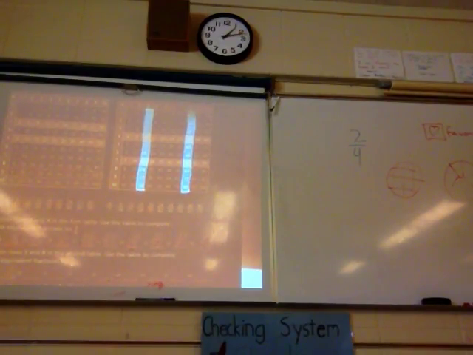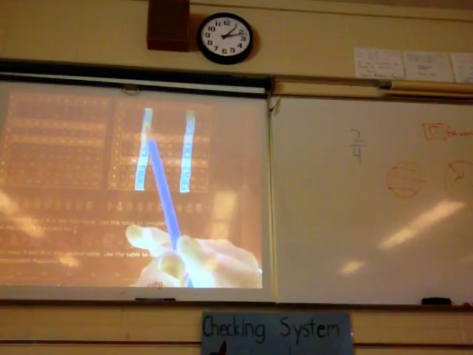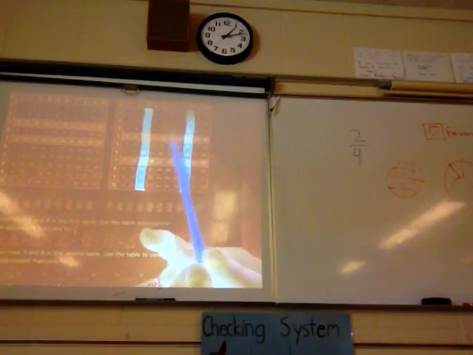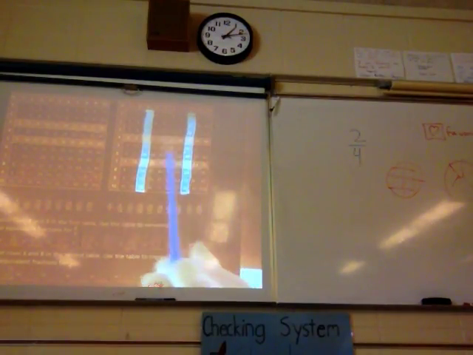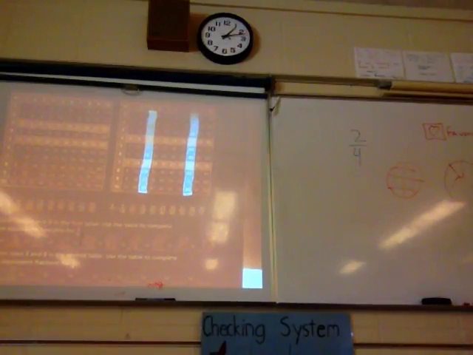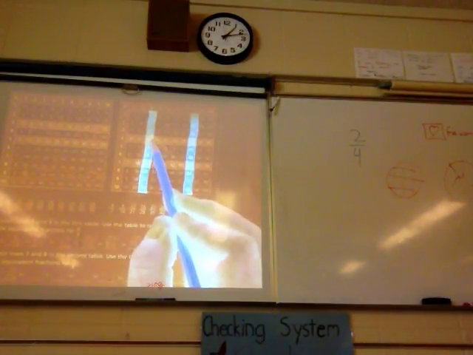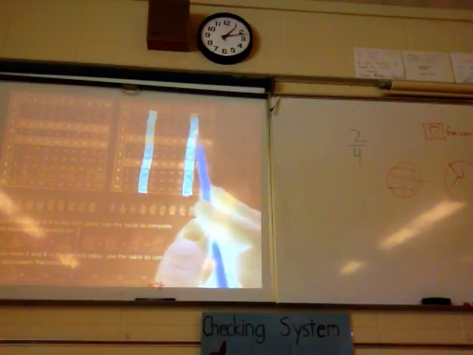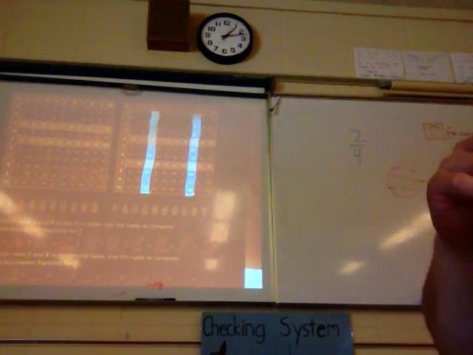So we just did 6/16. In row 3, what is our next equivalent fraction? Honor, what's going to be our next equivalent fraction? 9/24.